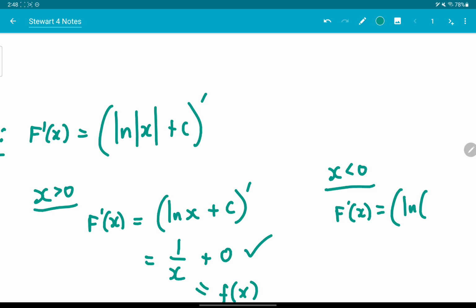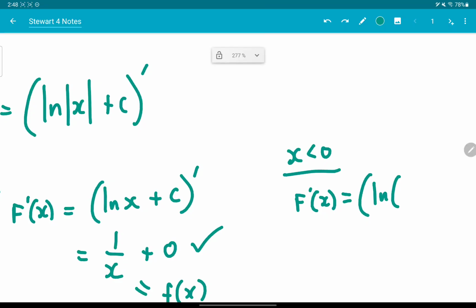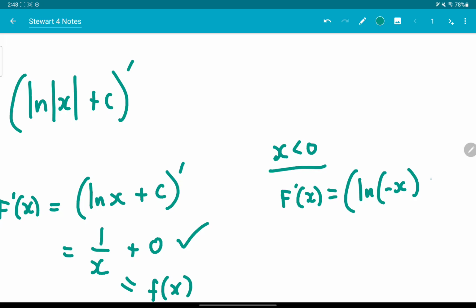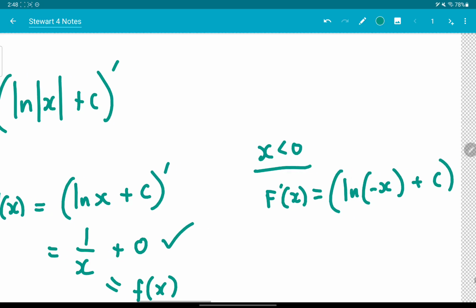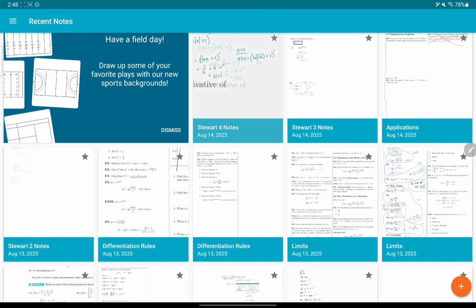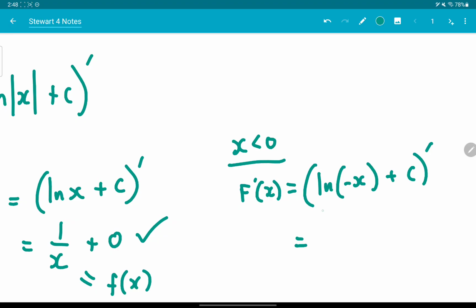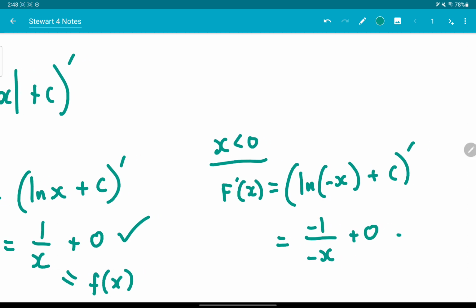Now I have x as a negative number, so this absolute value is going to make that negative number into a positive number, and it's going to do so by sticking another negative in front. And now I do the derivative, and I get negative 1 over negative x plus 0, which again does equal 1 over x.